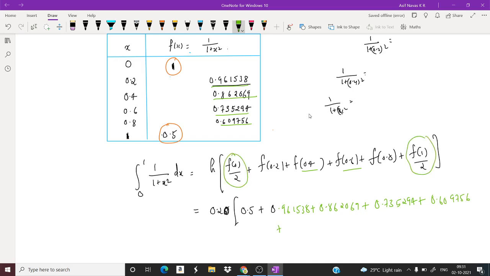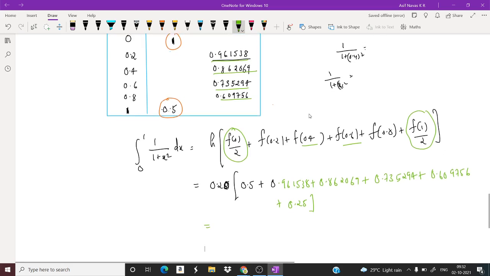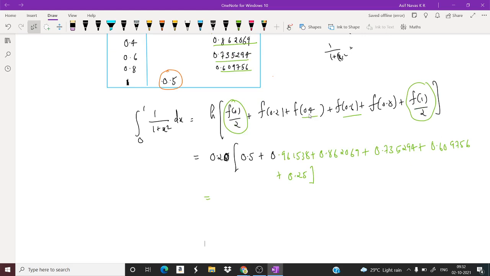So remember this 1 by 2. So 0.5 divided by 2 is 0.25. Now add all this and multiply with 0.2. From the calculator we will get 0.783714. Okay. Now from the question we have to calculate the error. That means we need the exact value, and then we have to calculate the error.